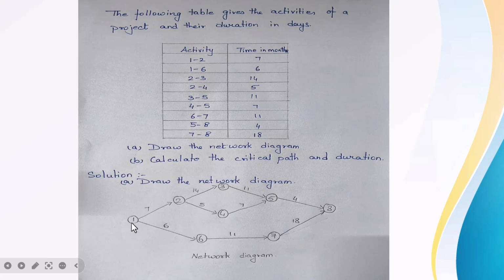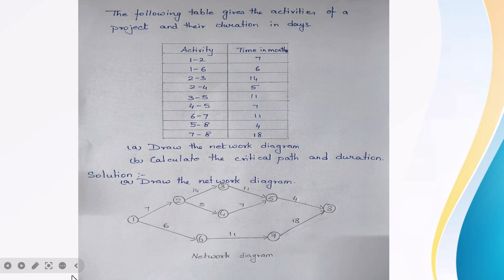Or we can go from 1 to 2, 2 to 4, 4 to 5, and 5 to 8. Or 1 to 6, 6 to 7, and 7 to 8. This way it is easier to understand how many different ways there are to complete the project, from starting at activity 1 to ending at the last activity 8.